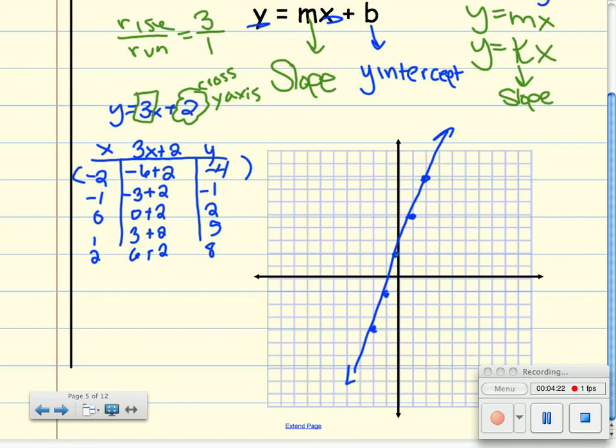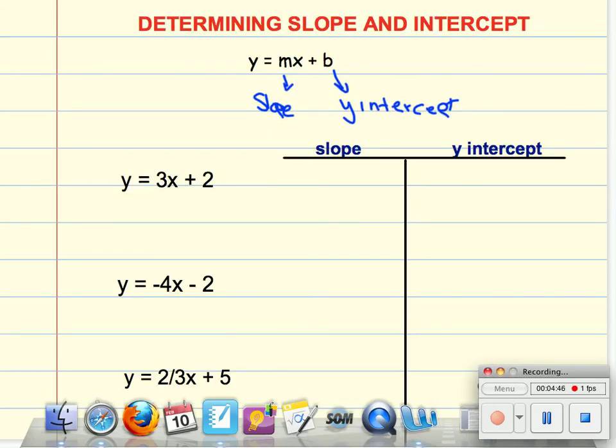And if I asked you what the y-intercept is, where is y equals 3x plus 2 crossing the y-axis? 2. It's crossing the y-axis at 2. That's what's being added here. So this represents our slope, and this represents our y-intercept. I'm going to call it y-int. You're going to see that I abbreviate that all the time.